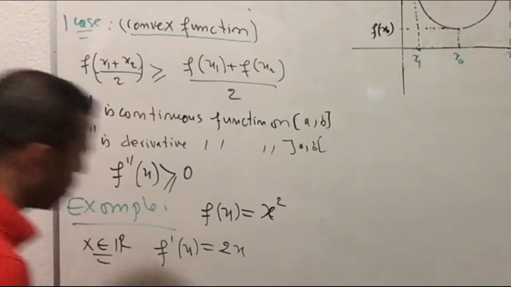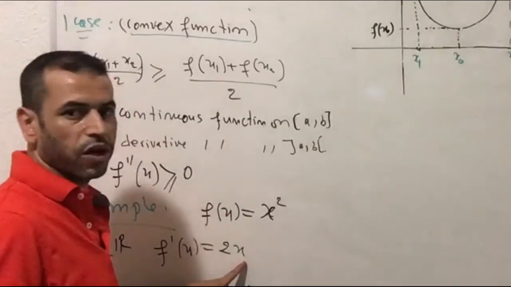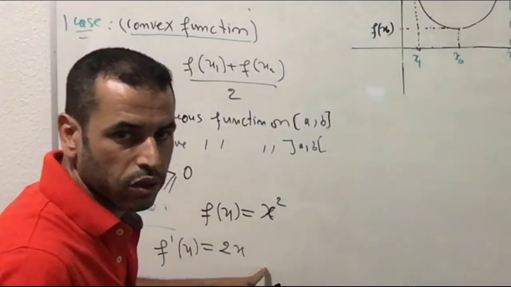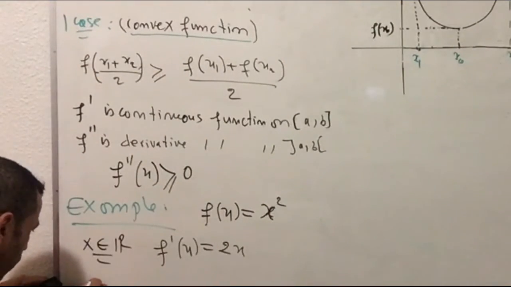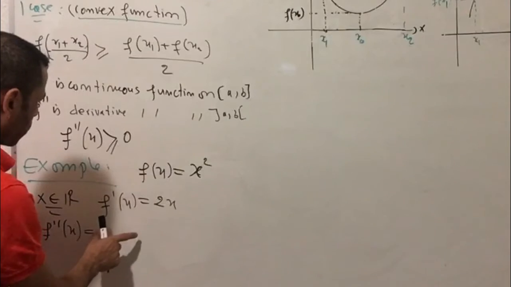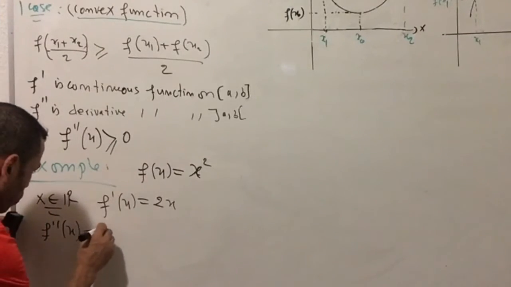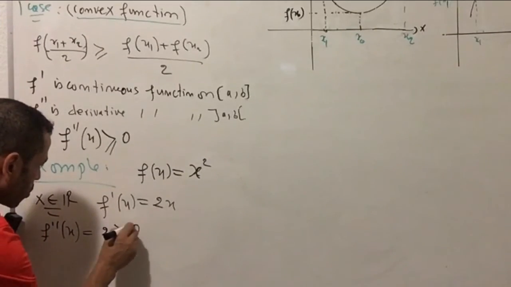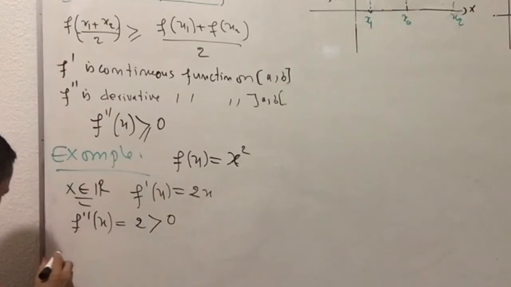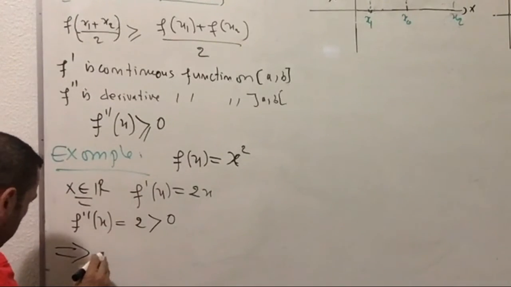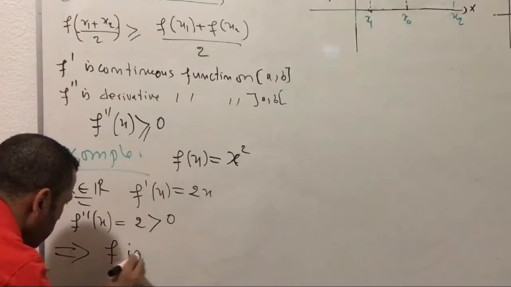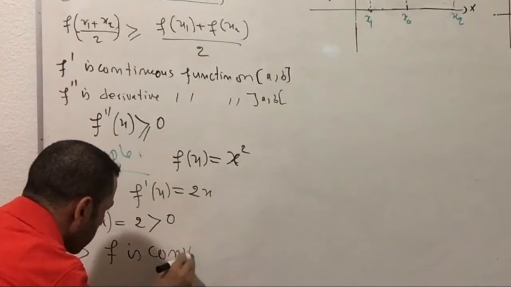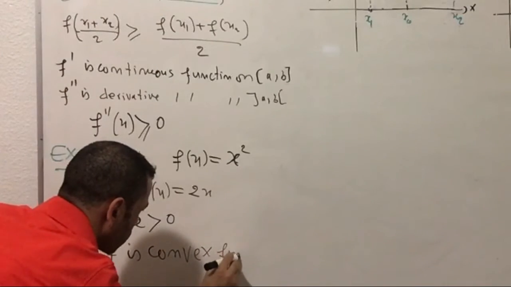This is a derivative function on all real numbers. So I'm going to calculate the second derivative function of this one. The second derivative equals 2. 2 is strictly superior to 0. So f is a convex function.